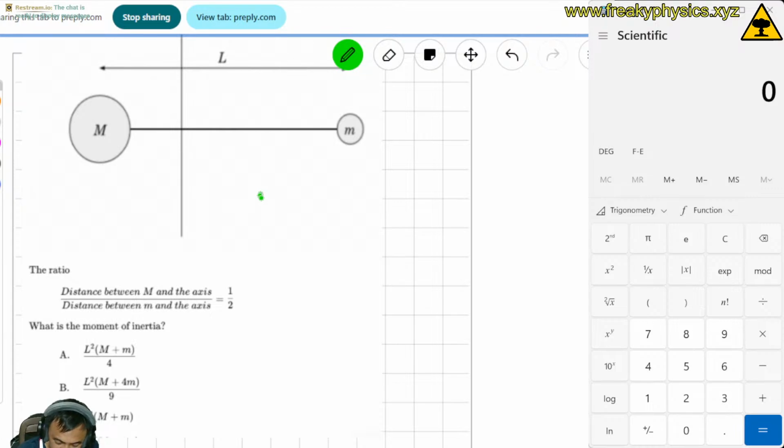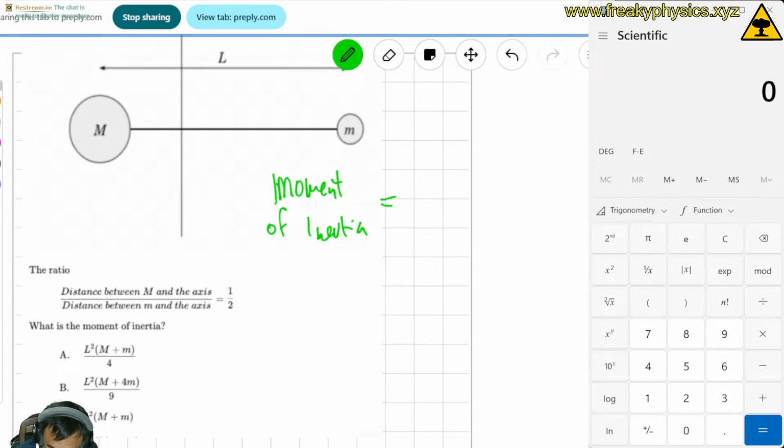Moment of inertia by definition. This time I'm going to avoid the letter L because of the letter L here, so I'm going to use the word "moment of inertia" for now.